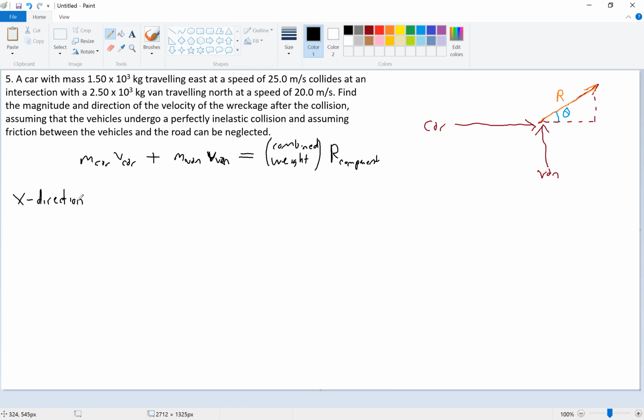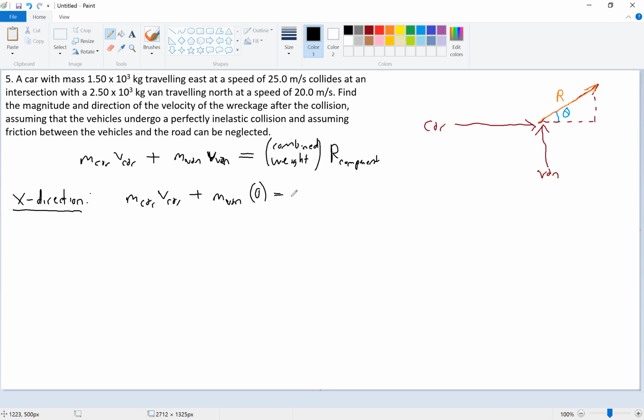Now, fortunately, in the X direction, the van really isn't doing anything. It's just staying constant here. So its velocity is not changing. Thus, we can write that we have the mass of the car times the velocity of the car. And then we add the mass of the van times this, which is really 0. So that cancels out, which is nice.